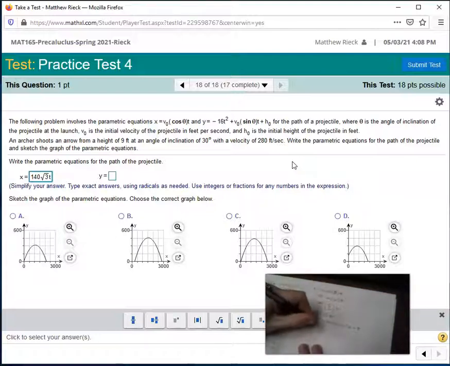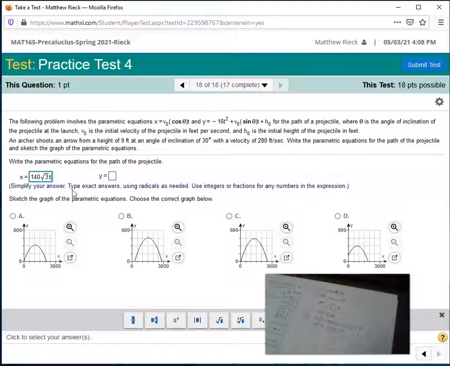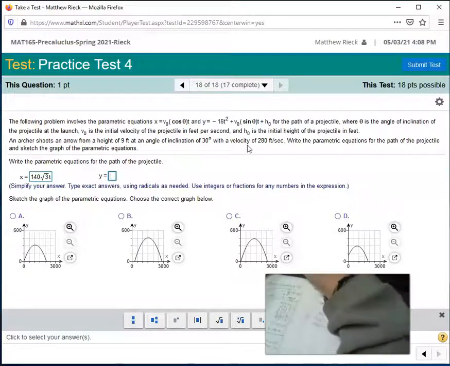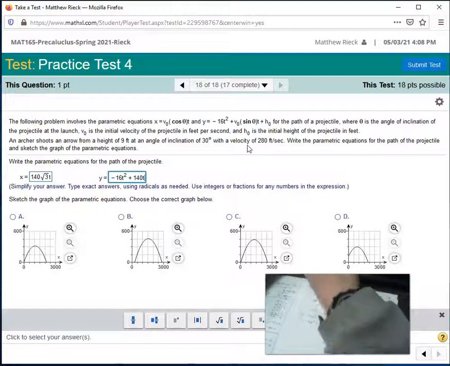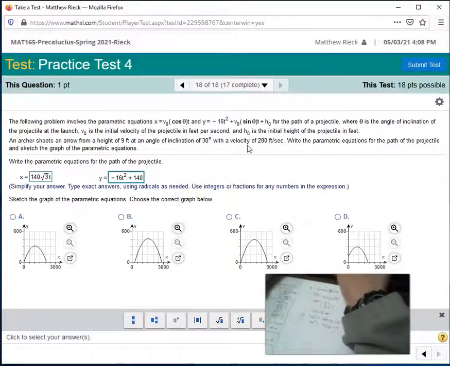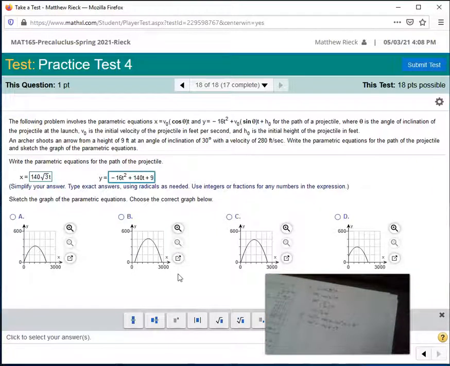All right, so you have negative 16t squared, and then the sine of 30 is going to be 1/2, so you have plus 140 times t plus 9. Negative 16t squared plus 140 times t plus 9.